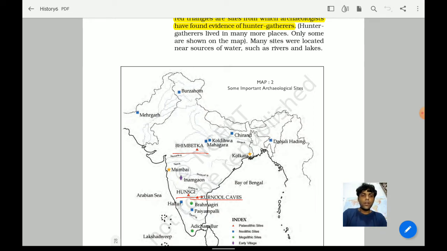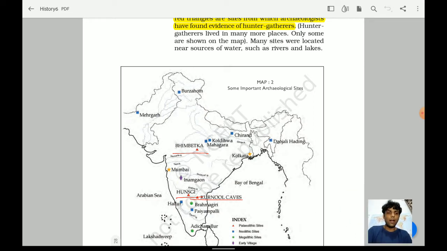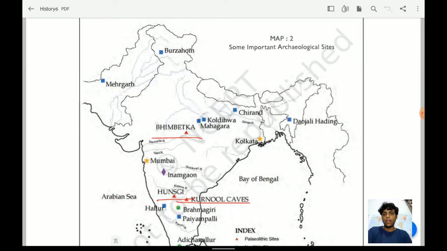And let me tell you that these locations which NCERT is referring to become really important for the examination, because most of the time questions have been directly asked from these areas, like which are all the locations from where the hunter gatherer or the earliest paintings have been found.